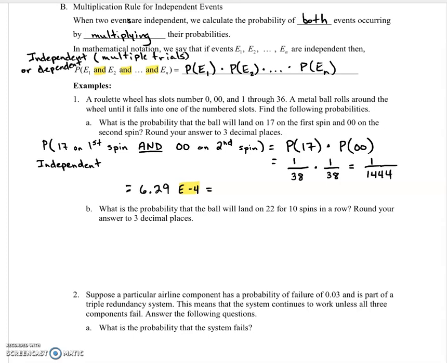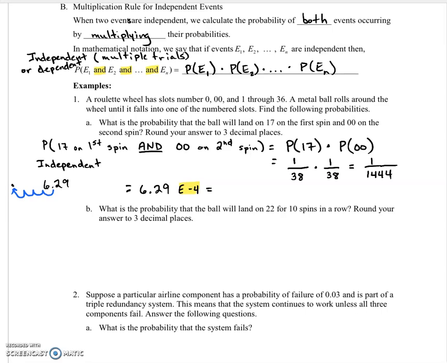But remember, probabilities always have to be between 0 and 1. So whenever we calculate a probability, if we get scientific notation, we are going to get a negative exponent, which means move the decimal point left. So here's how I do that. The decimal point is here now, so I'm just going to go over to the side. So we have 6.29. To move it left: 1 place, 2 places, 3 places, 4 places. So the decimal point is now right here.